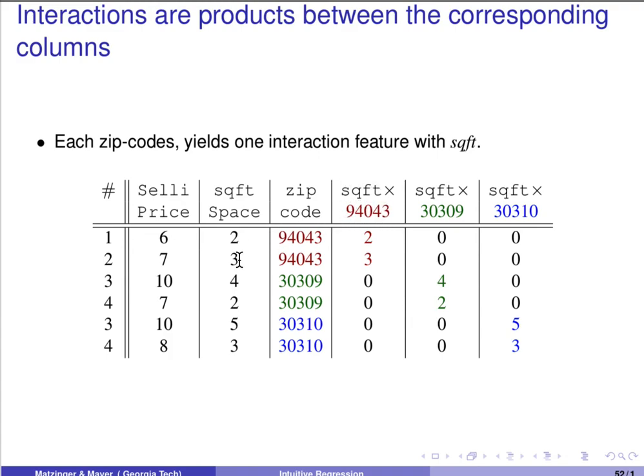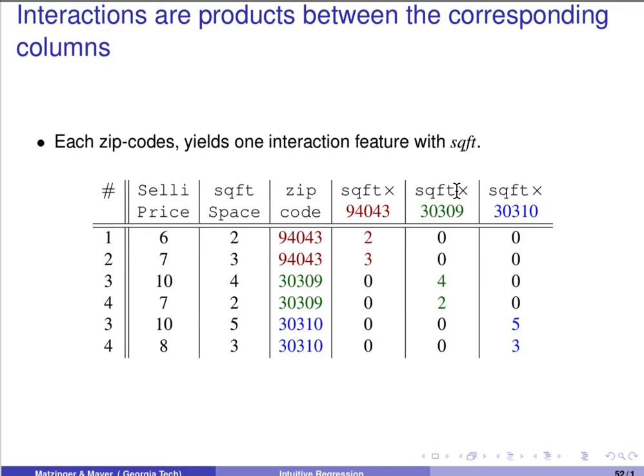So here square foot 2 3 with that neighborhood vector, which was 1 1 0 0, leads to this. So this is the square foot vector times the vector for 94043. By times we multiply each entry and get a new vector of the same length.